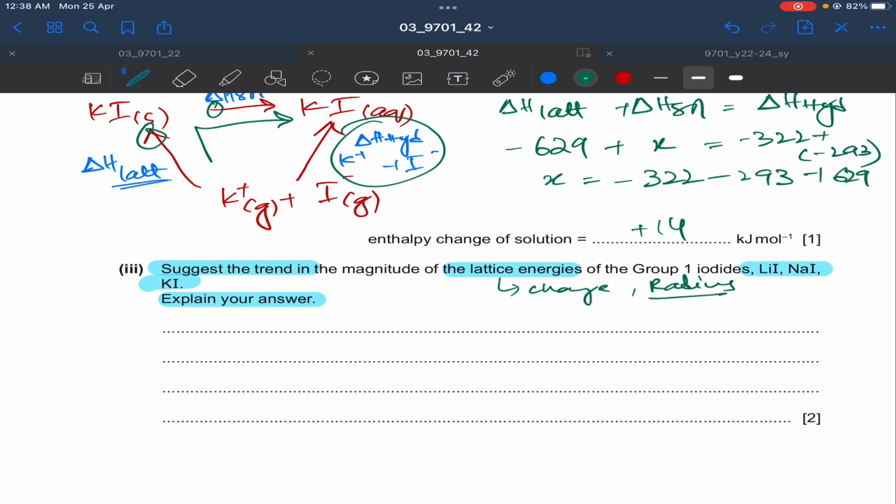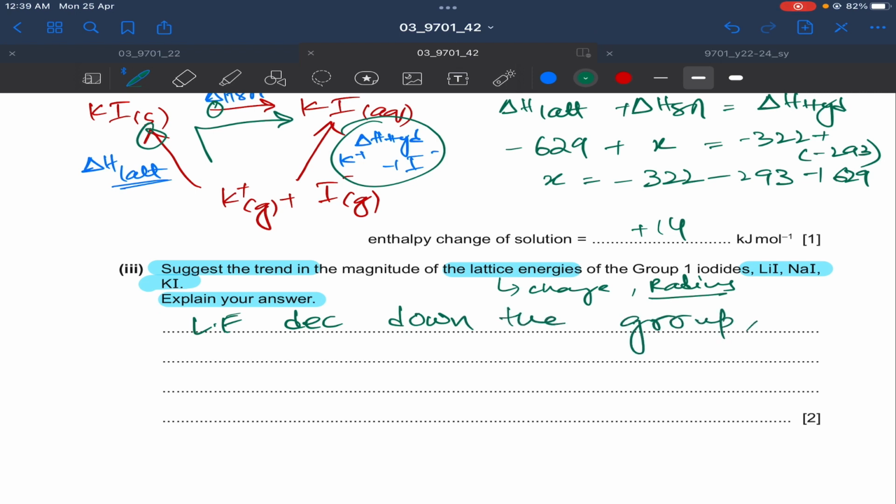Every cation of group 1 has a +1 charge. The anion is the same, that is iodide. So the only thing which is changing here is the cationic radius. The cationic radius increases down the group, and as it increases, the distance between the unlike charges, the cation and anion, increases, and as distance increases, the attraction decreases, thus lattice enthalpy also decreases. So we can say the lattice enthalpy decreases down the group.